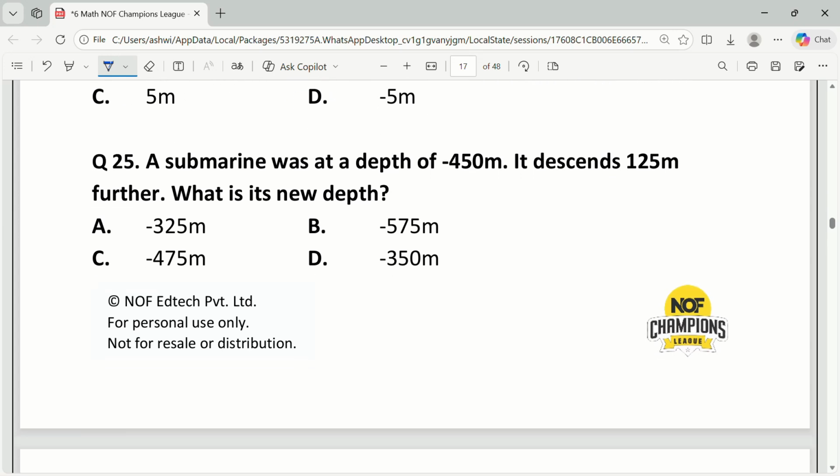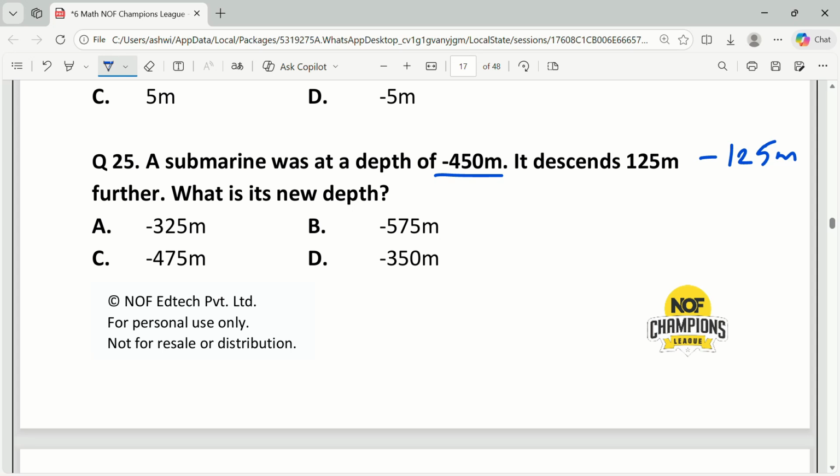A submarine was at a depth of minus 450 meters. It descends 125 meters further. What is its new depth? The initial depth is minus 450 meters. It descends 125 meters further, meaning an additional change in depth of minus 125 meters.